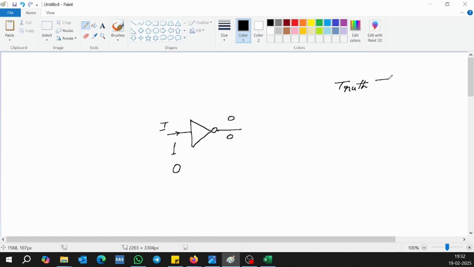Truth table for a NOT gate. Truth table means, see, I will show you how it is.